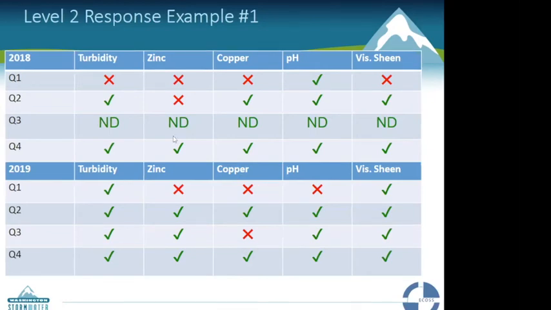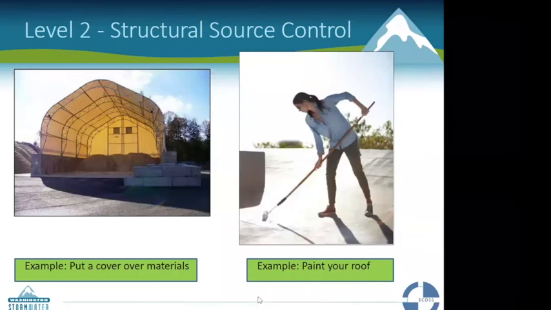I'll be talking about this in a minute, but you won't have to implement it until August of the next year for these things. So there is that time frame and lag. A couple of structural source control BMPs might be to put a cover over your materials or paint your roofs or your gutters or your siding.